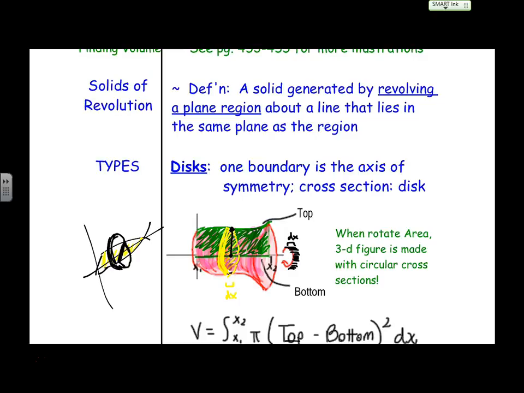But what would be different in a cross-section is that your top minus your bottom would give you what measurement of that circle? Diameter. So for cross-sections, we'd have to cut that top minus bottom in half because we have circles coming up out of an area between. When we're dealing with solids of revolution, we're taking an area between and revolving it, so its top minus bottom will be the radius. And that's where you got this forever card from down below.